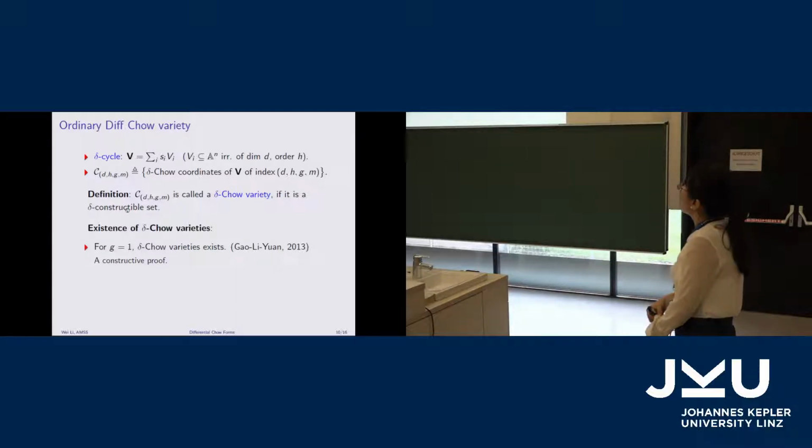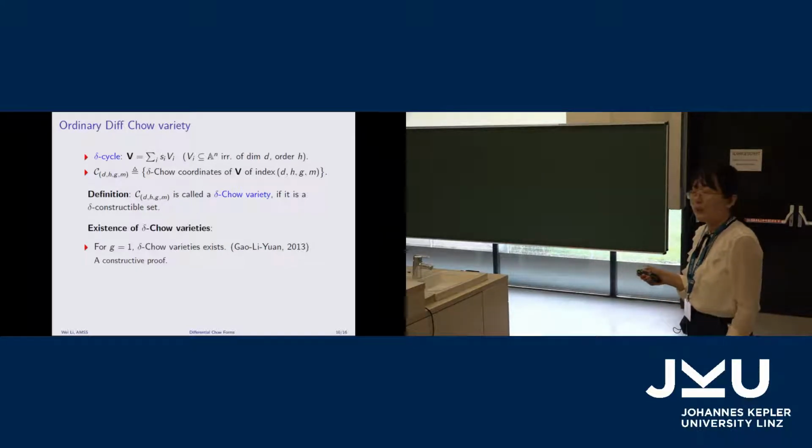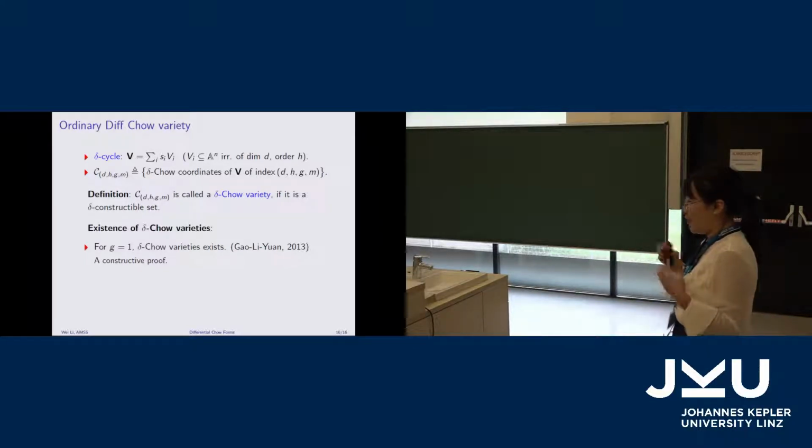And for the existence of differential Chow varieties, we first proved its existence for the case G equal to 1 with a constructive proof. But the proof couldn't be adapted to the case G greater than 1 because we don't have a hybrid elimination algorithm to eliminate the differential variables and algebraic variables together.